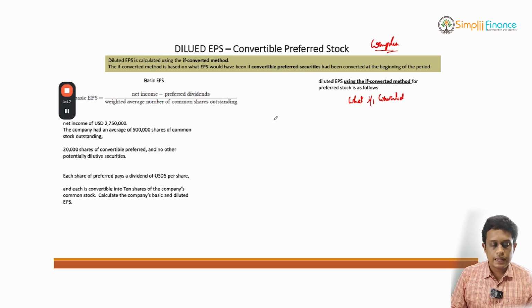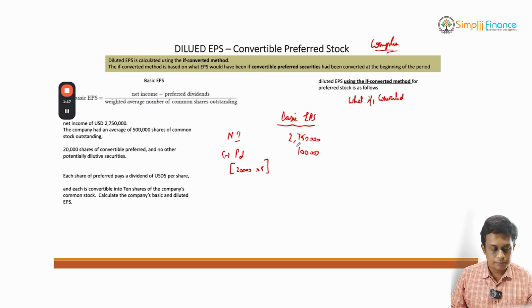Okay, so let's see. First, let's try to find the basic EPS. Here we start with the net income, that is 2.75 million, and we had some preference dividend. So we had 20,000 preference shares at the rate of 5 per share as dividend. You get 100,000 as dividends.